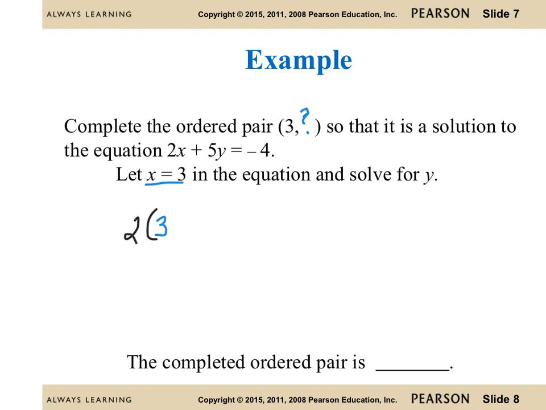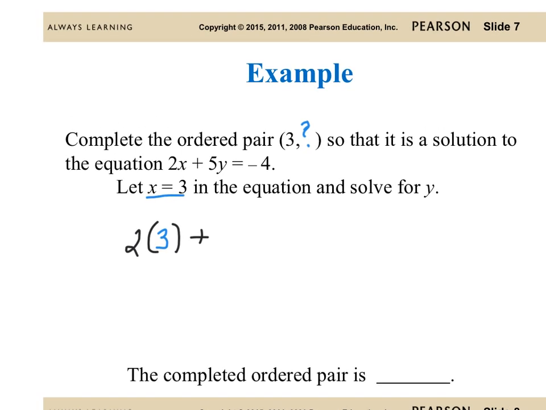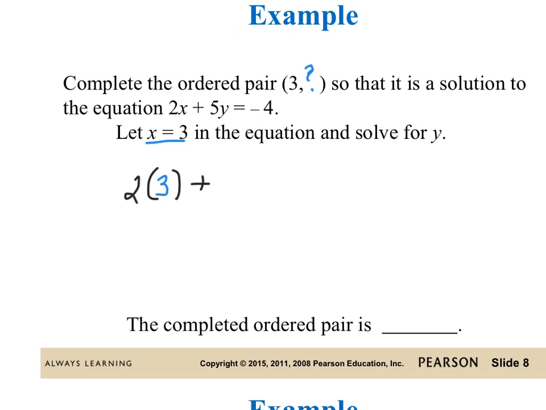So that's 2 times 3, plus, we don't need parentheses, 5y equals -4.